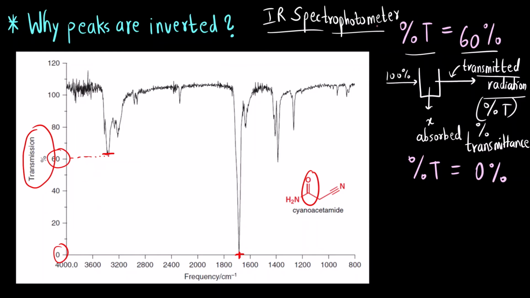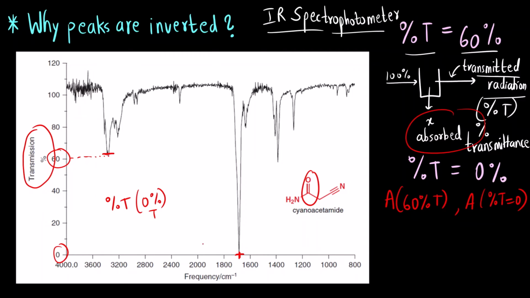You have to calculate the absorbance for both: 60% transmittance and 0% transmittance. For 0% transmitted light, almost all of the light is absorbed.